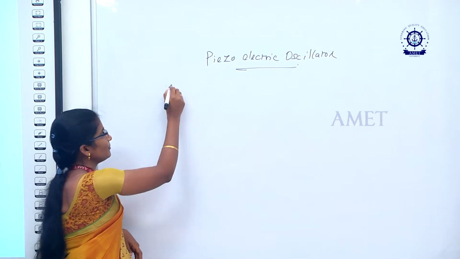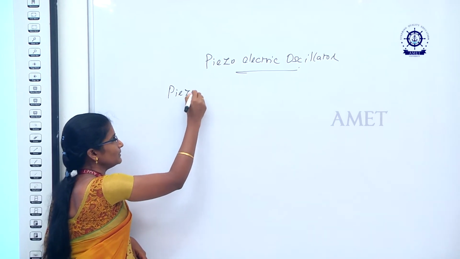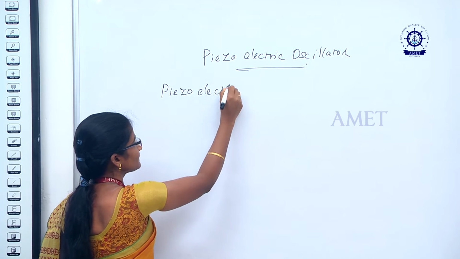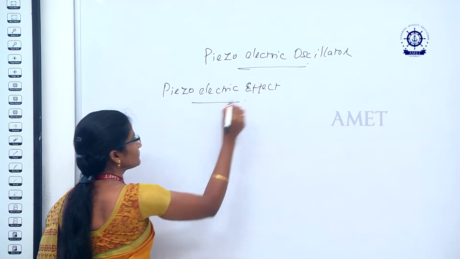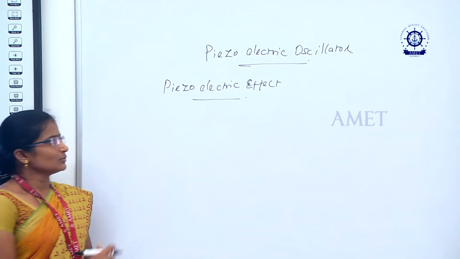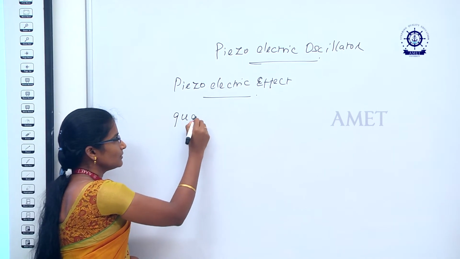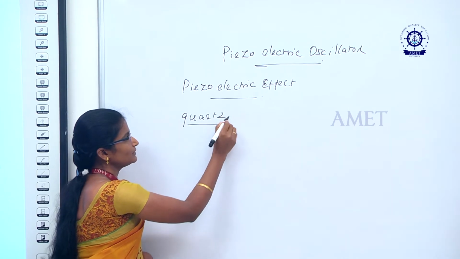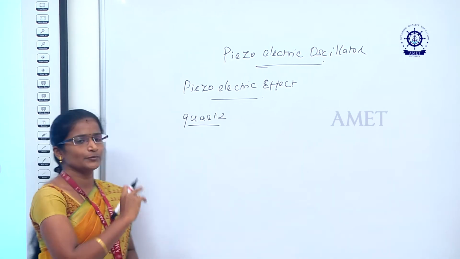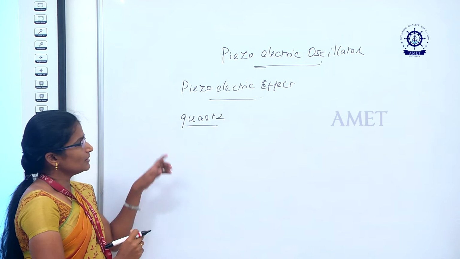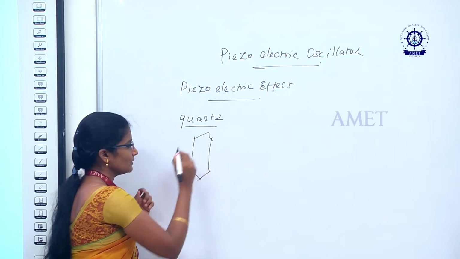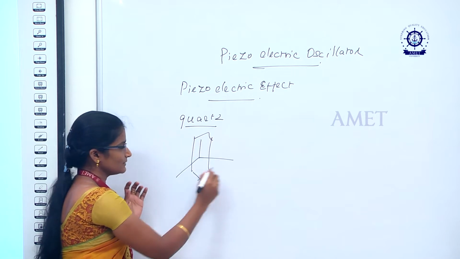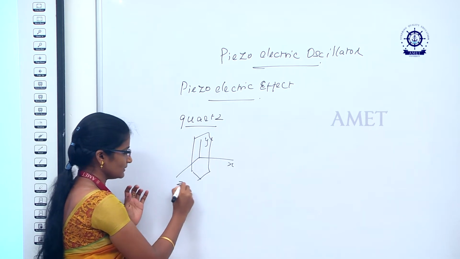Quartz is the best example of a piezoelectric crystal. This crystal produces ultrasonic waves. It has a hexagonal shape. We divide this crystal into 3 axes: x, y, z.